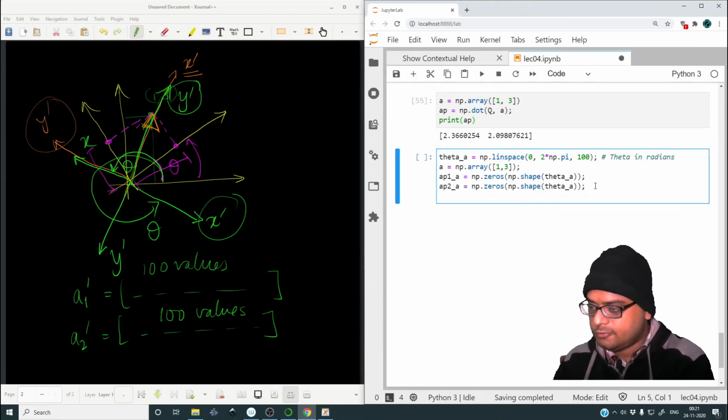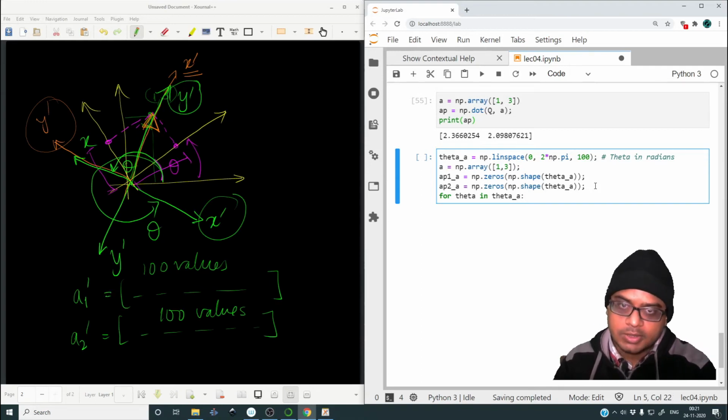So for theta in theta a, theta will pick up each element of theta a in the loop.